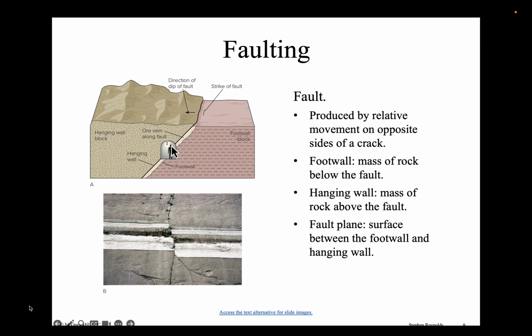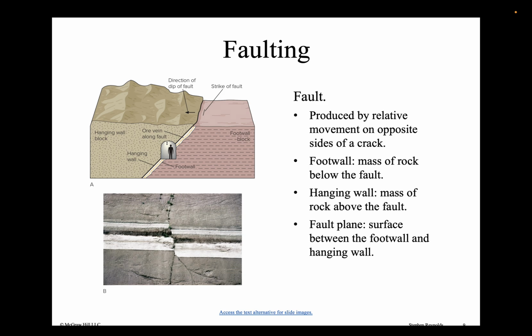When a person looks up, facing the fault line, what the person will see is the hanging wall block. It's just a nomenclature thing. And if the person looks towards their feet, looking down, the person will see the foot wall block. It's just a category for those two blocks that suffered this fault.